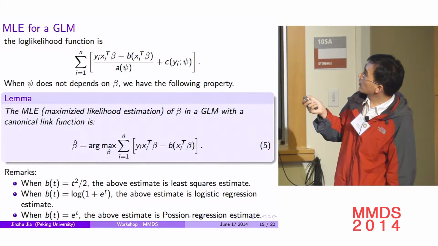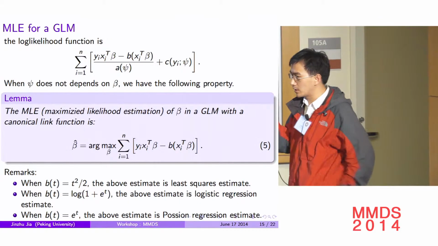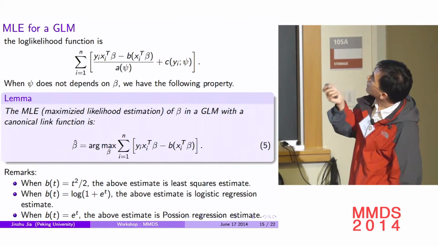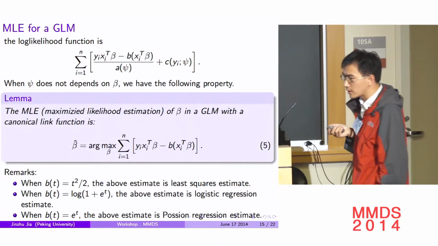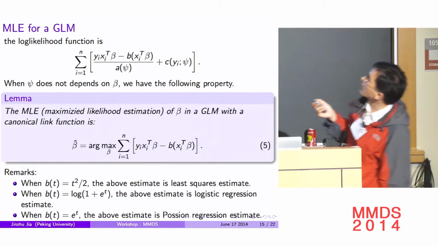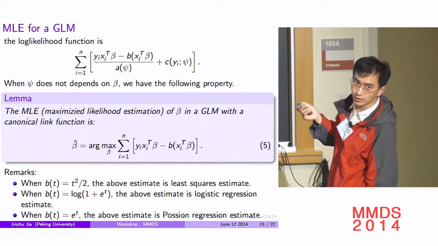So the log likelihood function of a GLM is this. And because usually psi has nothing to do with beta, the maximum likelihood estimate of beta can be solved via this equation.